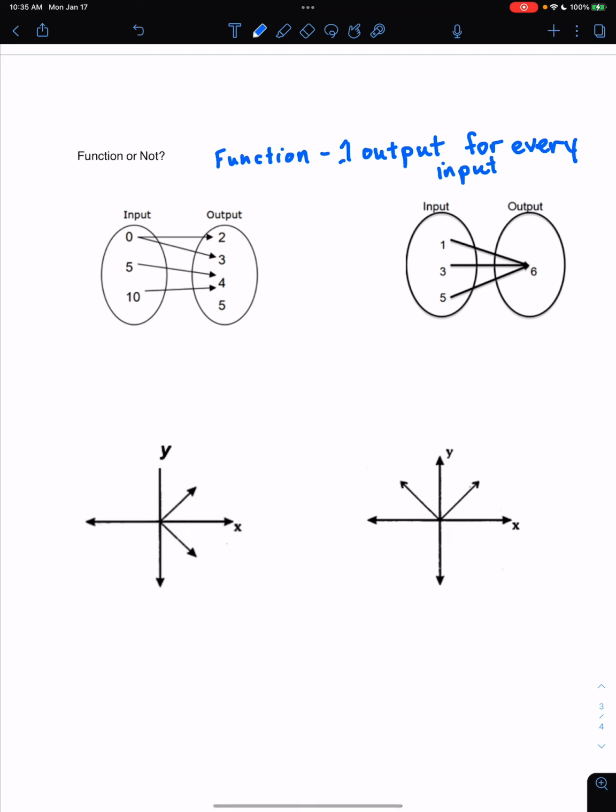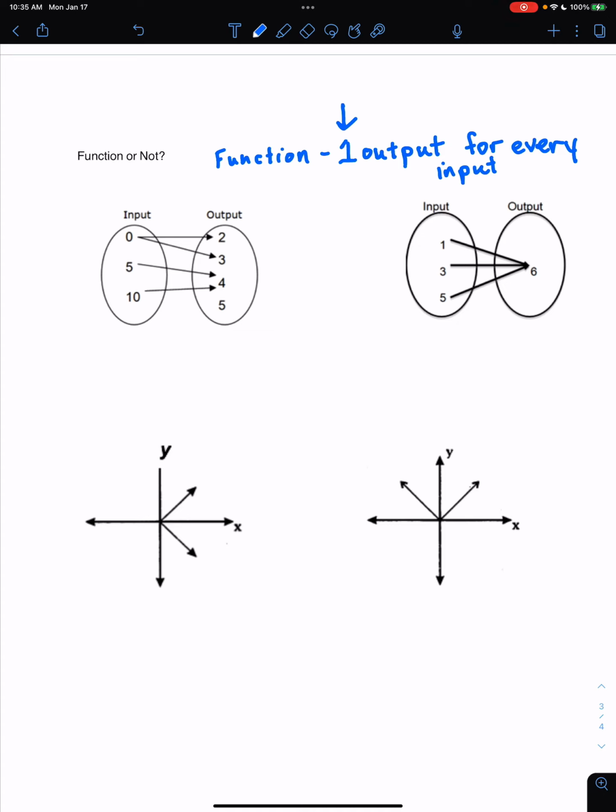The key here is one output for every input. All right, so let's look at some of these diagrams and see if we can determine if this is a function or not a function.